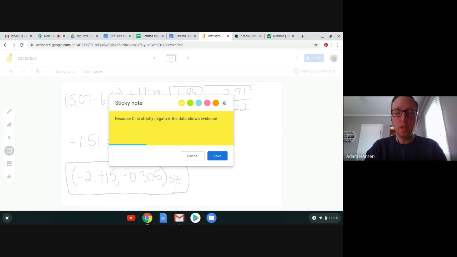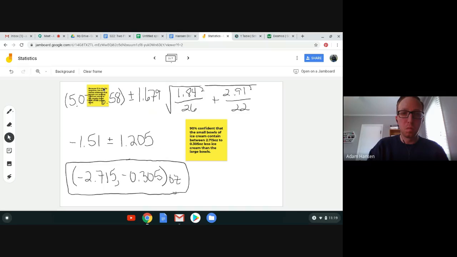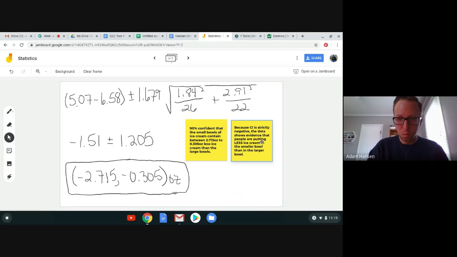So the data shows evidence that people are putting less ice cream in the smaller bowl than in the larger bowl. All right, kind of wrapping that up there.